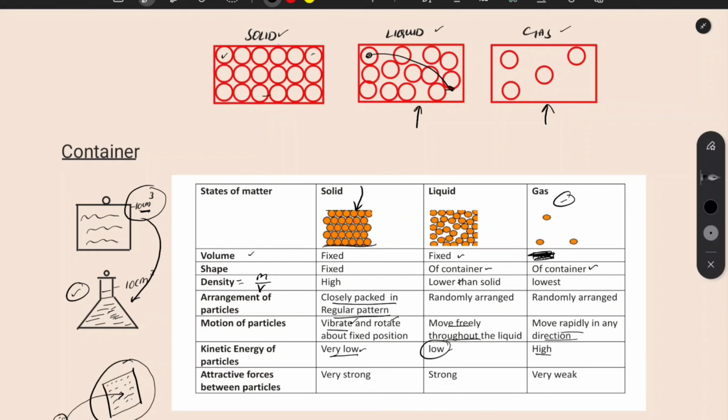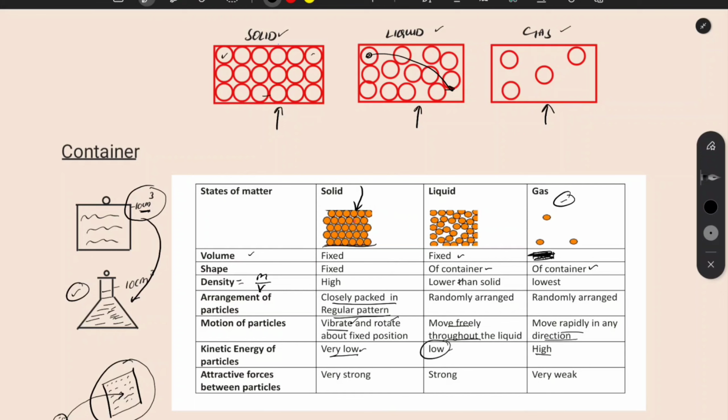Then, attractive forces between particles. This is a very important point: why are all these particles present in different states? The main difference is in the attractive forces between these particles.